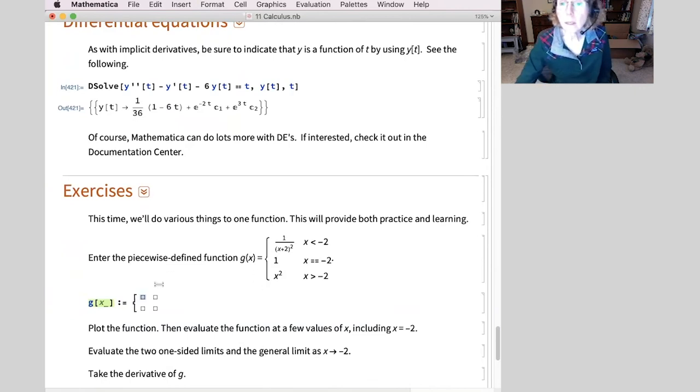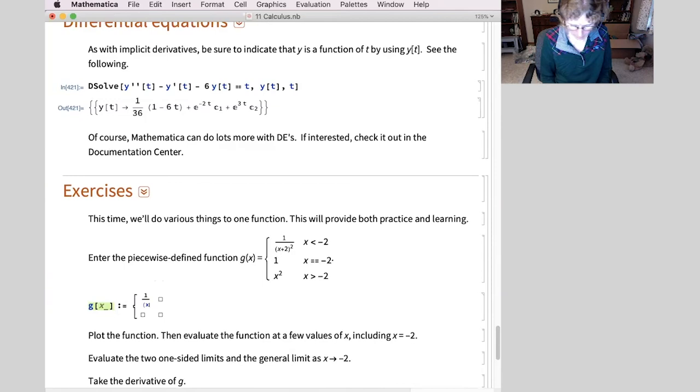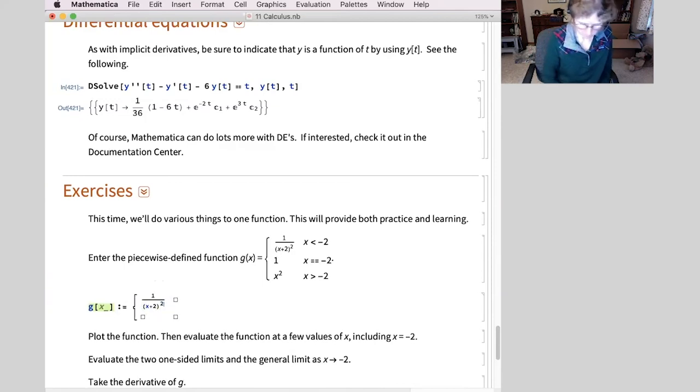Okay, so for that piece I want 1 divided by x plus 2 quantity squared, and tab over to the next piece. I want that for x less than negative 2, tab again, and I want 1 when x equals negative 2.